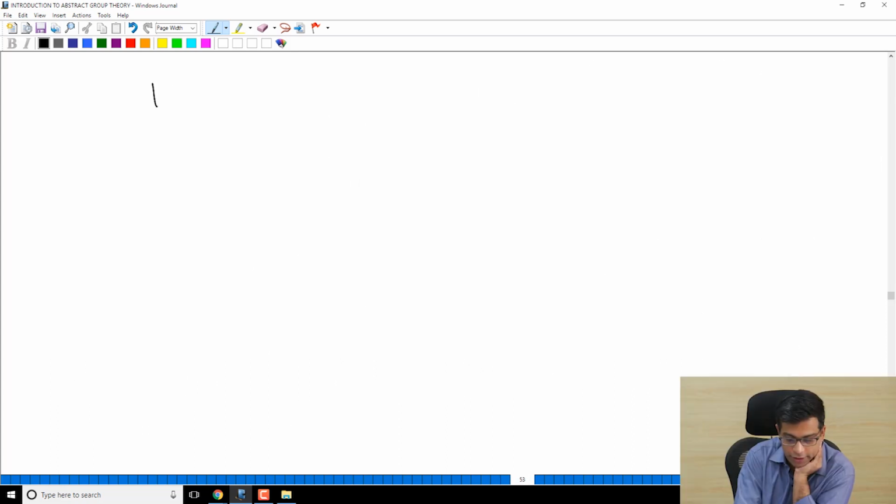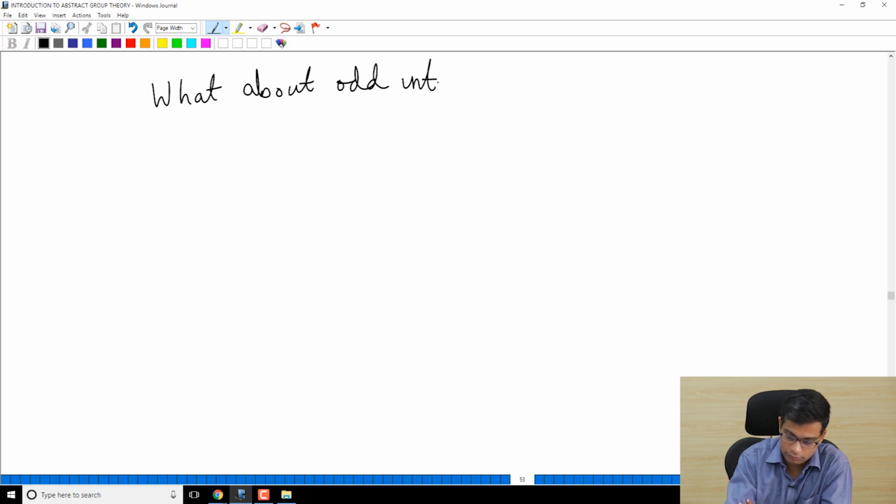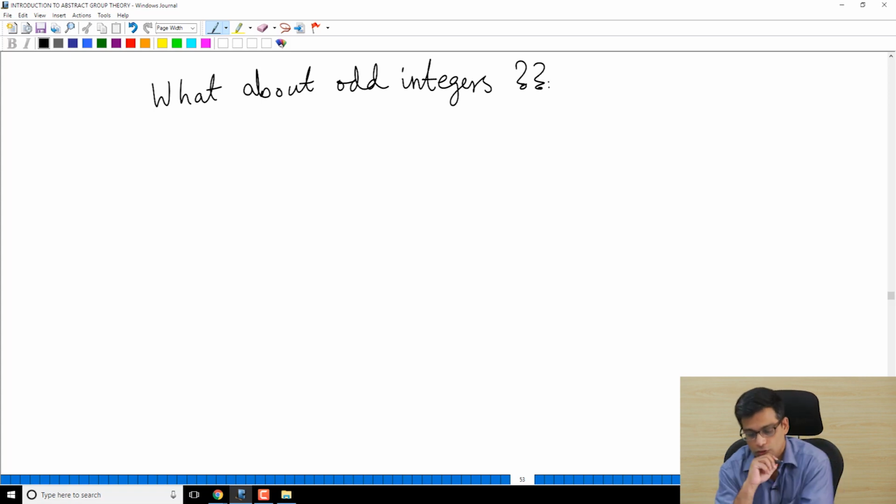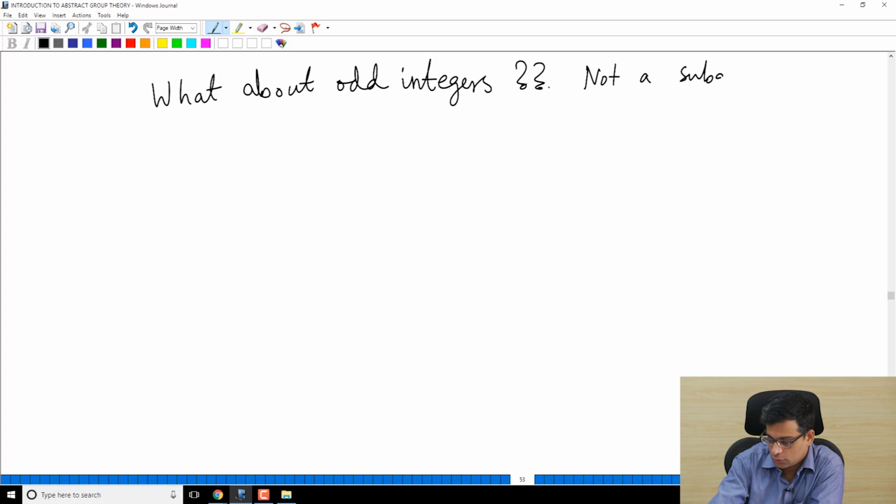What about odd integers? Take the subset of odd integers. Is it a subgroup? Certainly, it is not a subgroup, because it is neither closed nor does it have an identity element.